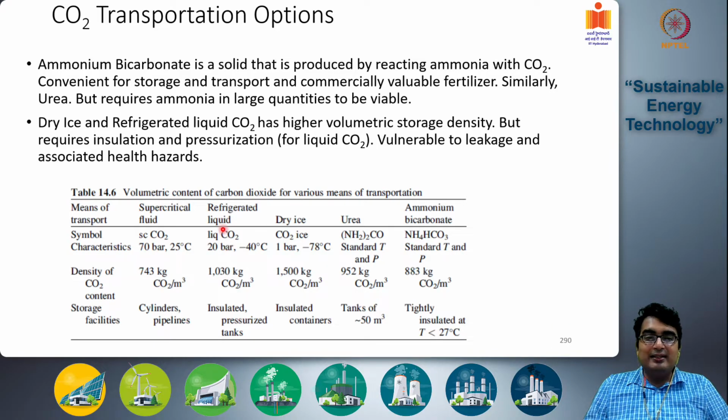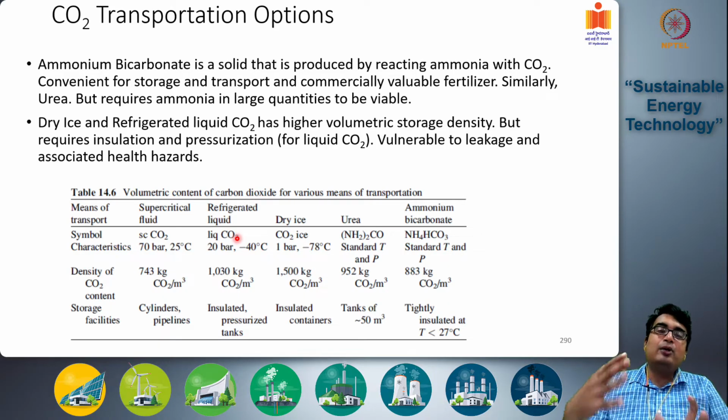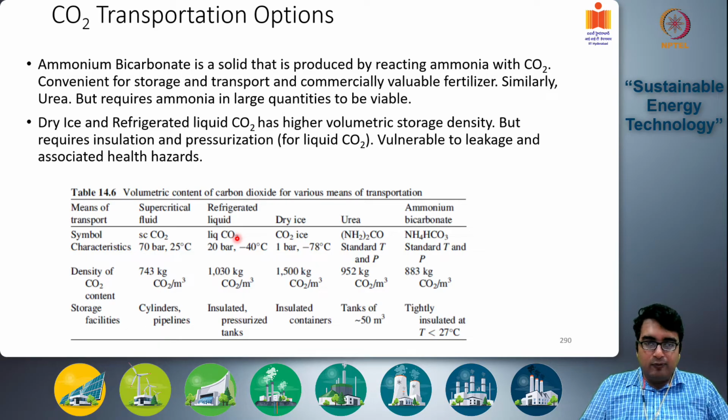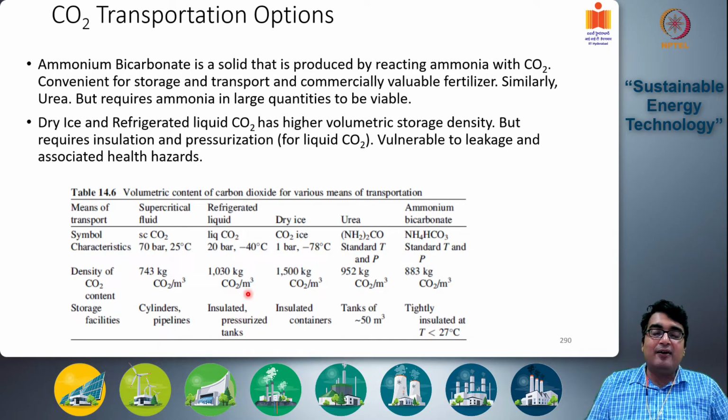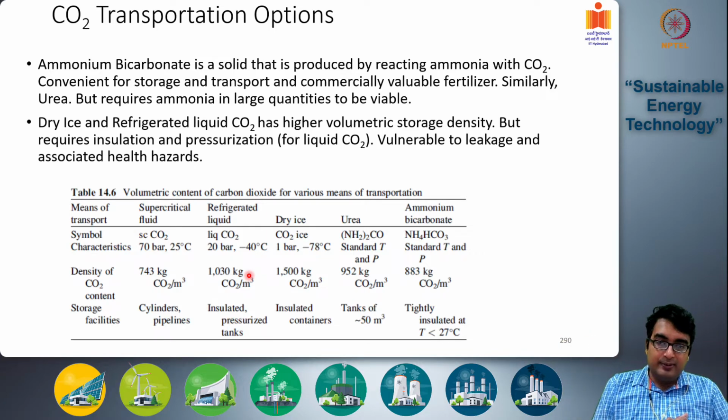So now this is a liquid CO2 which is being stored at a moderate pressure of 20 bars, but now you have to refrigerate this at minus 40 degrees centigrade. Okay. Now usually liquid is more dense than supercritical fluid, so you are increasing the density of CO2, so the volumetric storage efficiency increases, the gravimetric storage efficiency increases.